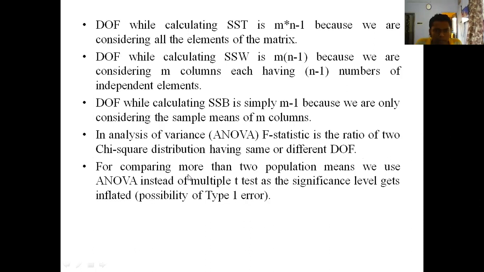For comparing more than two population means, we use ANOVA instead of multiple t-tests, as the significance level gets inflated, increasing the possibility of type 1 error. This has an illustration part.